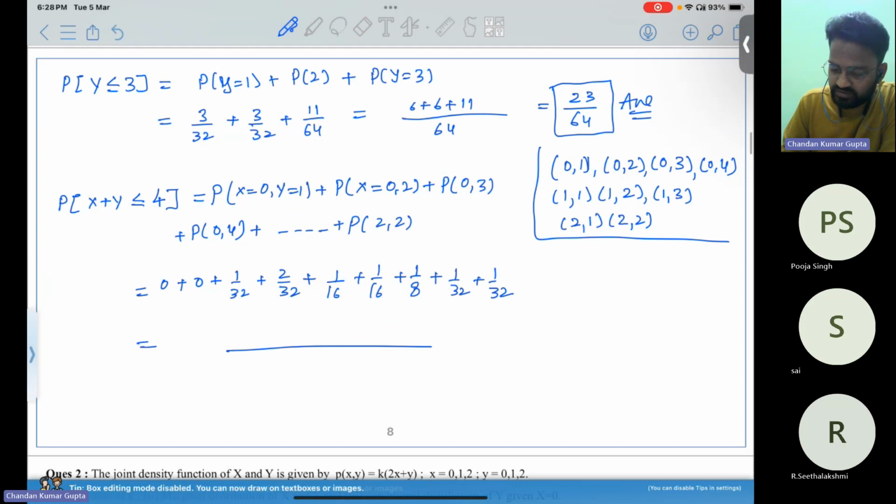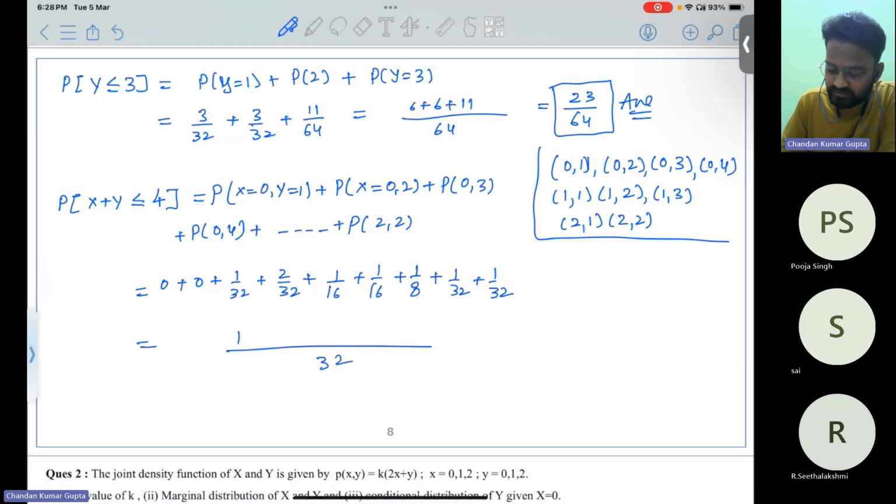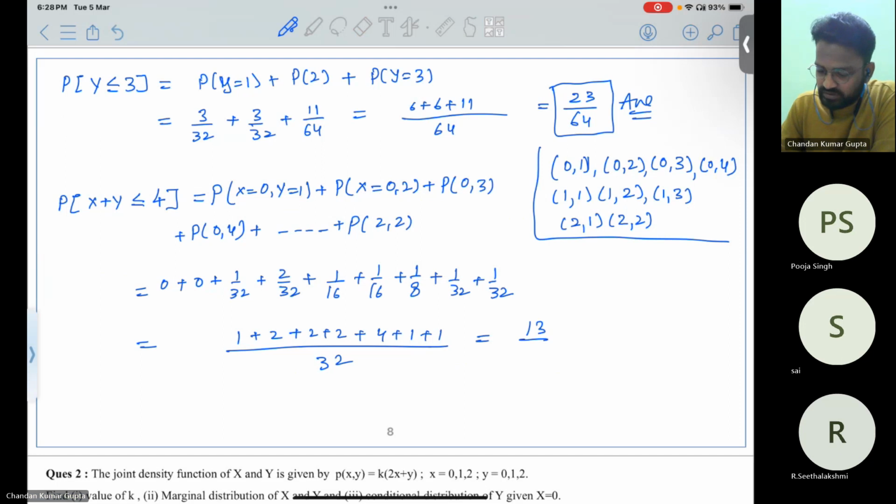Now this can be solved. We will take 32 as the LCM: 1 plus 2 plus 2 plus 2 plus 4 plus 1 plus 1. This comes out to be 13 upon 32.